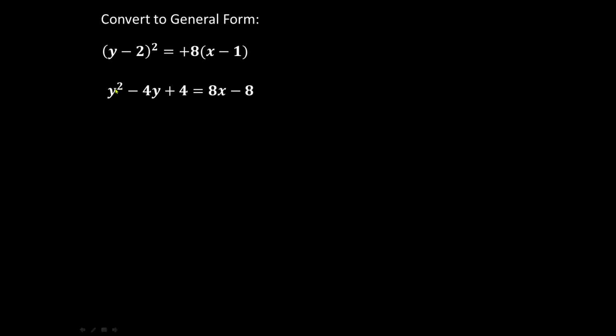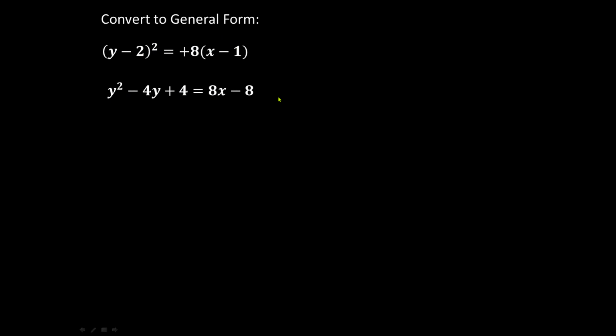The square of y is y square. Y times negative 2 is negative 2y. Twice the product, negative 4y. Square the last term, positive 4. That is why the square of y minus 2 is equal to y square minus 4y plus 4. 8 times x is 8x. 8 times negative 1, negative 8.